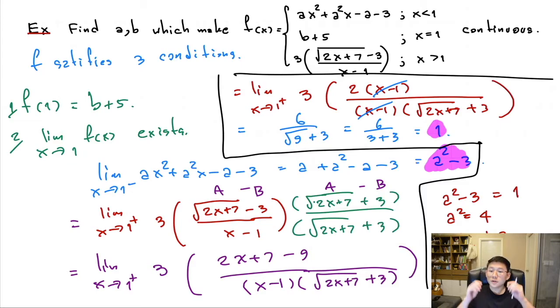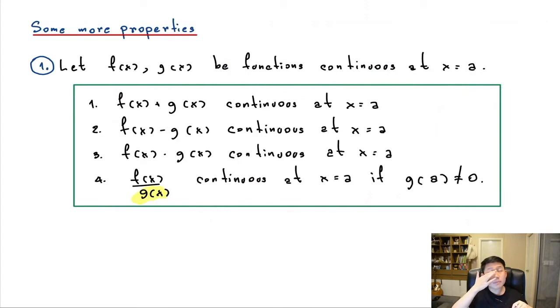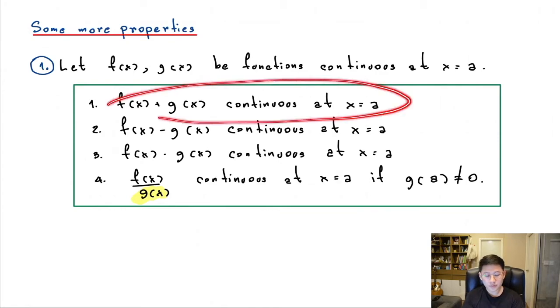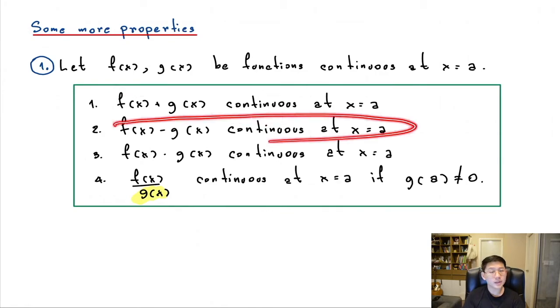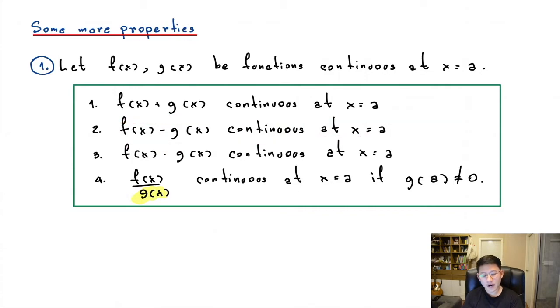Now, we're going to look at some properties of continuity. If we have f and g, which are continuous at a, we can say that the sum of f and g is continuous, f minus g is continuous, f times g is continuous, and f divided by g is also continuous if g is not 0.